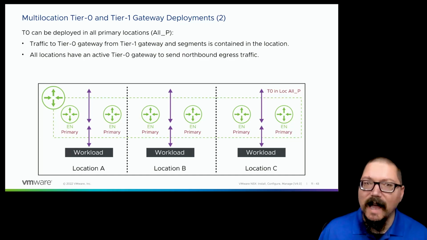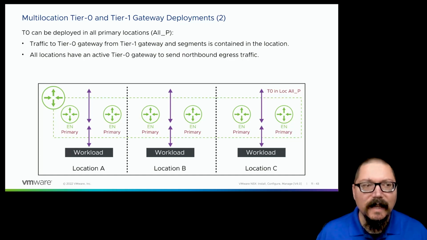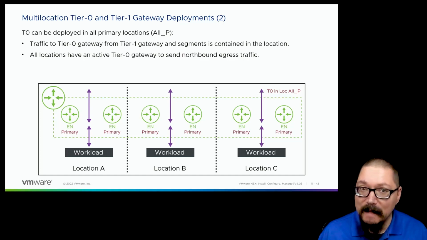Because of that, in a lot of cases, and I certainly don't want to say all cases, an all primaries deployment is great for maybe a campus deployment, or perhaps even a metropolitan deployment, depending on what kind of links I have across my metropolitan region. But an all primaries deployment is probably not something we're going to use for regionally disparate data centers, right?